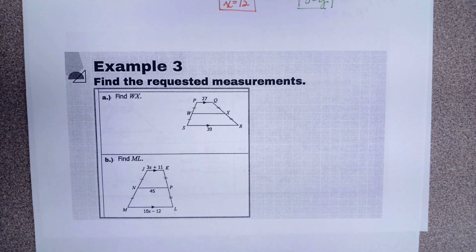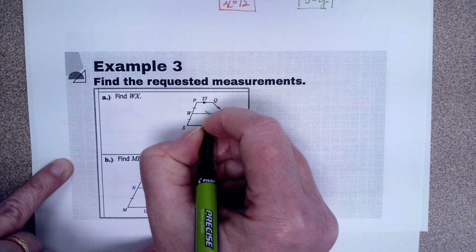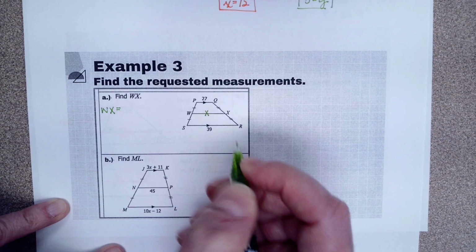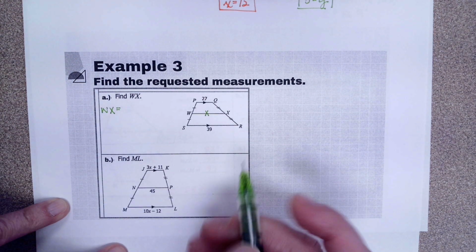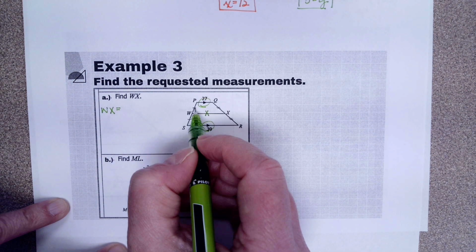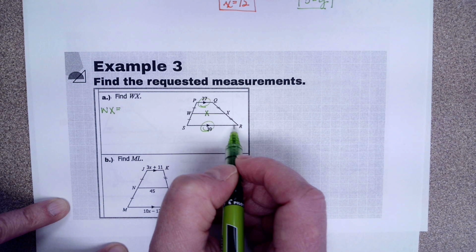All right, so if we look at our examples over here, I'm supposed to find WX, that's my midsegment. So what we would know is that WX, the midsegment, and again, they didn't tell me that, but here's what I know. Notice that I've got parallel sides, and I've got the notation claiming that P to S was cut in half and Q to R was cut in half, right?